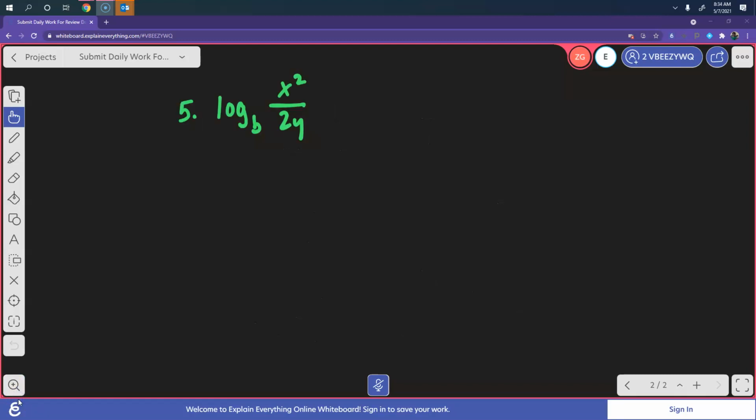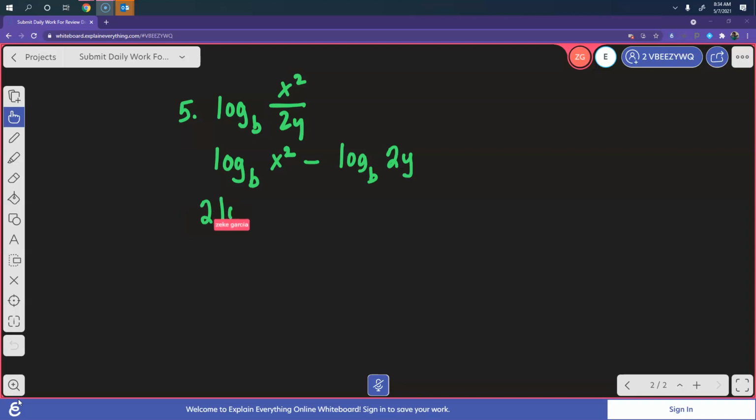So we're going to expand this. We're going to have log base b of x squared minus log base b of 2y. So now we're going to look at the first log, and you notice there's a 2 as a power that can be written as a product.